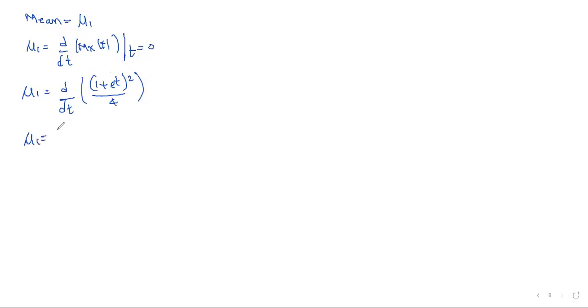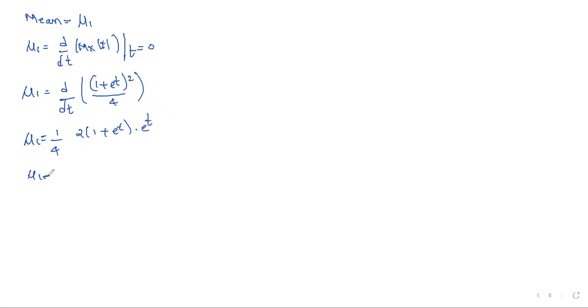So 1 by 4 is outside the derivative, it is a constant. Then I will apply the derivative here. First 2 into 1 plus e power t. You apply the x power n formula, that is n into x power n minus 1. You treat this as x. So 2 into (1 plus e power t) whole power 2 minus 1, that is 1, into the derivative of this term. The derivative of 1 is 0, and the derivative of e power t is e power t.